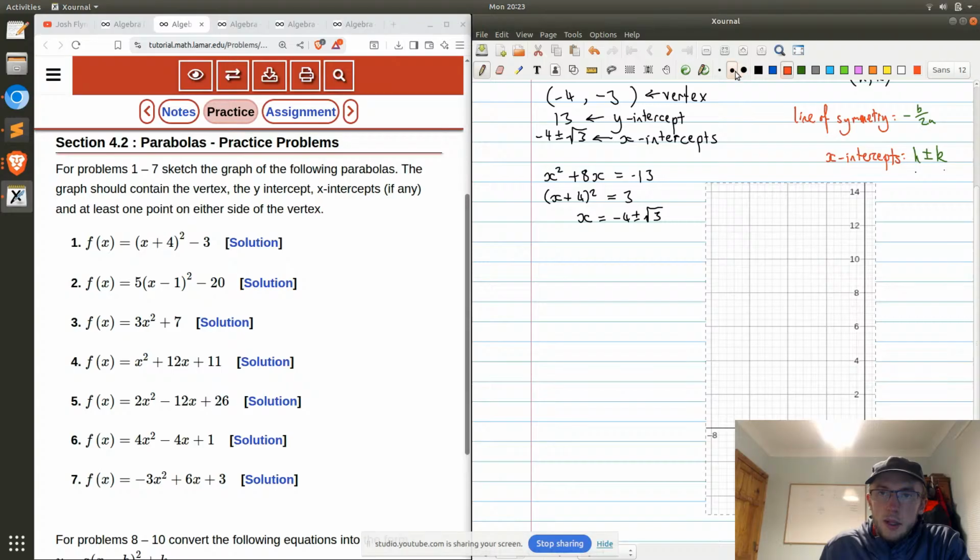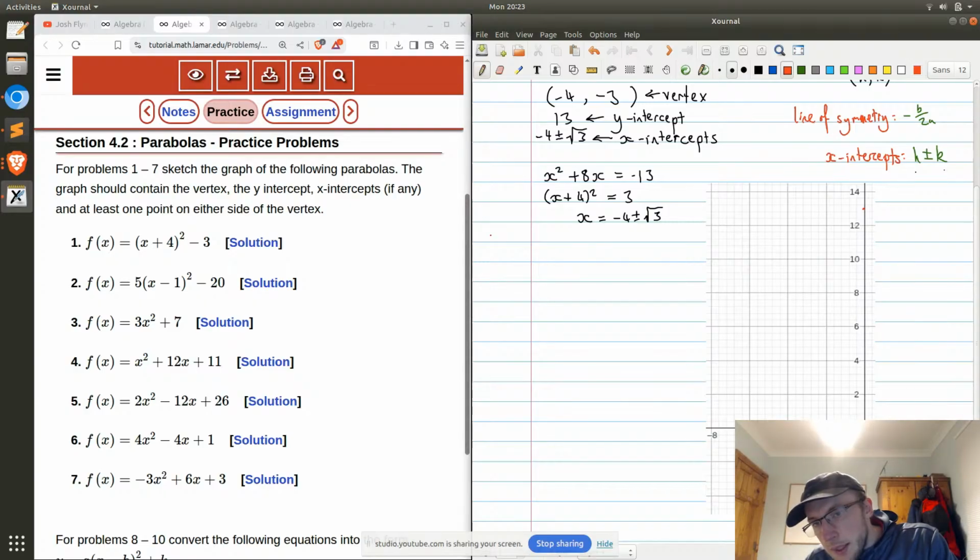Okay, so let's get them now. -4, -3. There you go. There's the vertex. 13 is the y-intercept. And the x-intercepts are -4 plus or minus 1.732.